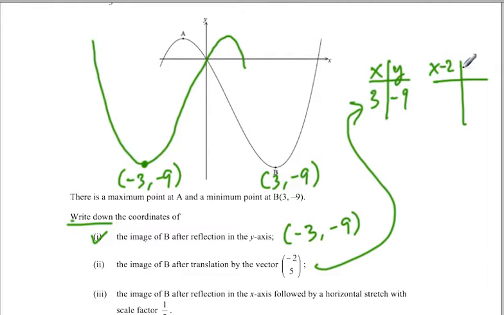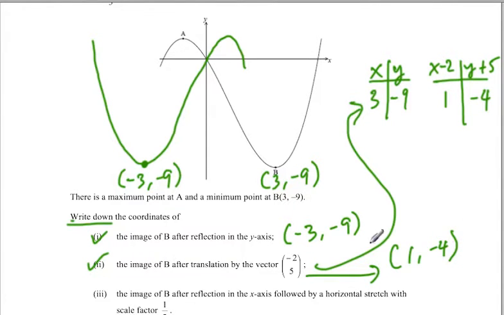And the y's are being pushed up by 5. So 3 minus 2 is 1, and negative 9 plus 5 is negative 4. So the answer to this one is 1, negative 4.